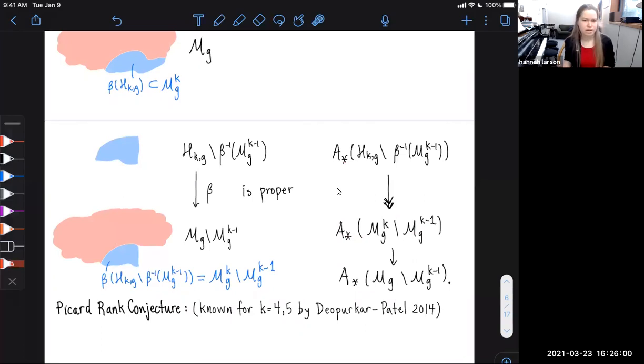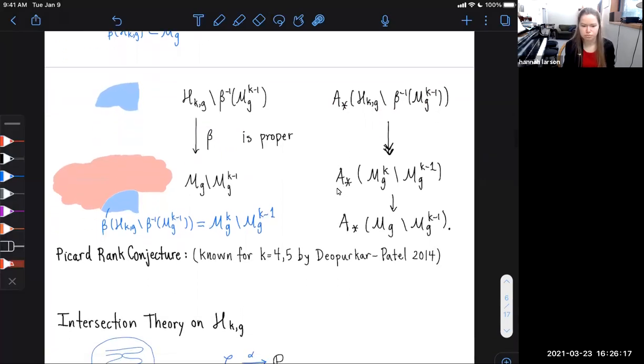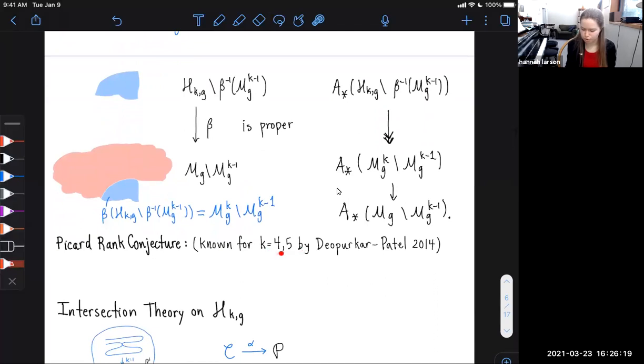Now, the simplest way an argument like this might go is if all classes upstairs were generated by pullbacks of the kappa classes. But this is not expected to be true. And in fact, it's known not to be true when K is equal to 4 or 5 by work of Deopurkar and Patel. This statement goes by the name of the Picard rank conjecture.